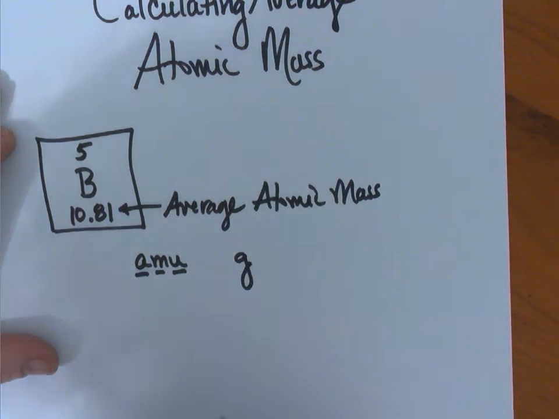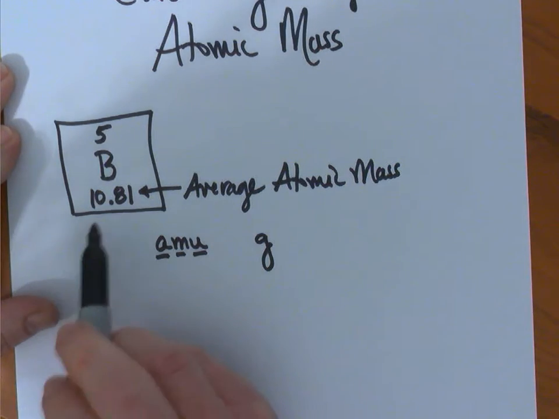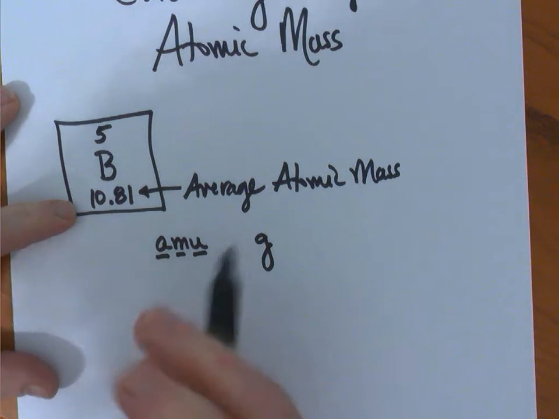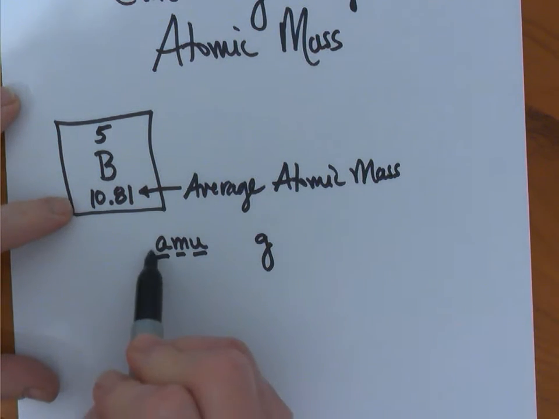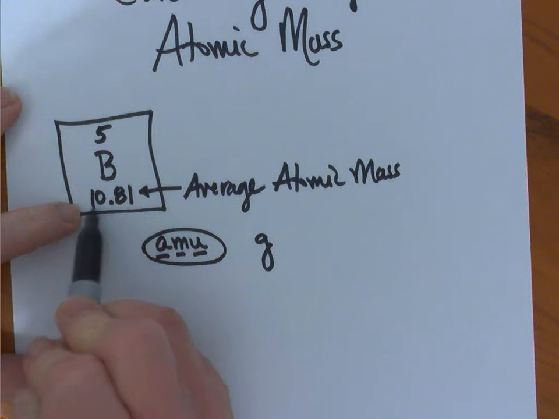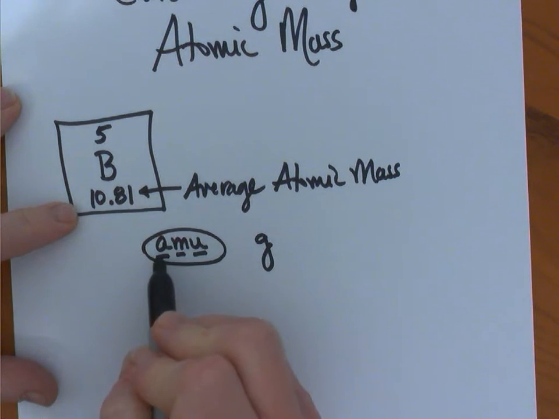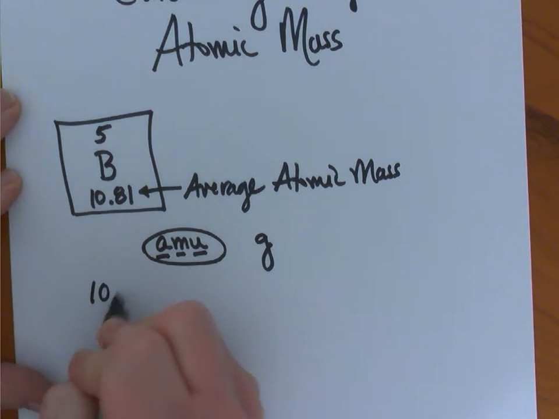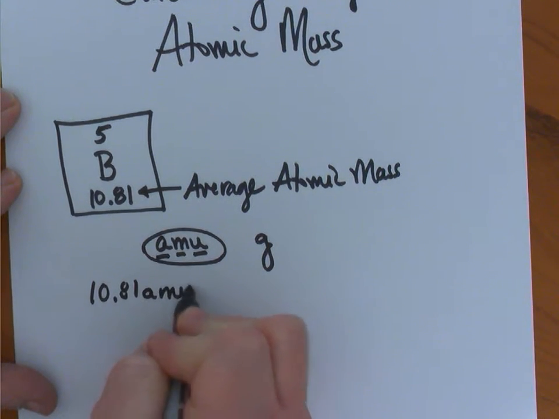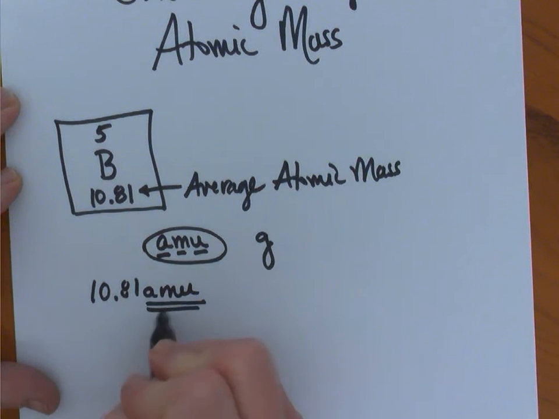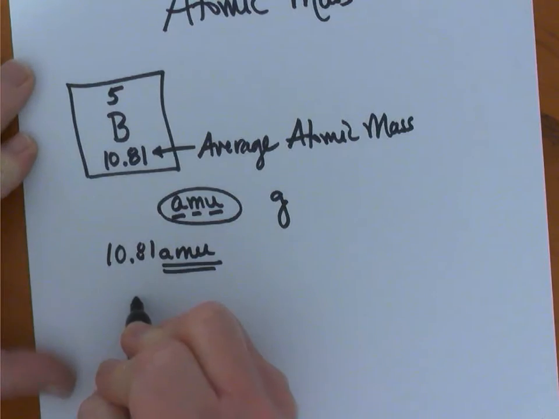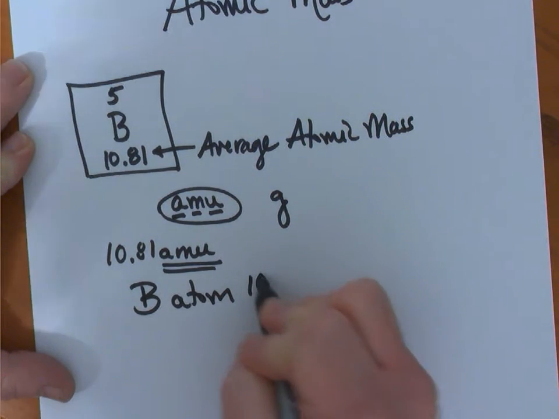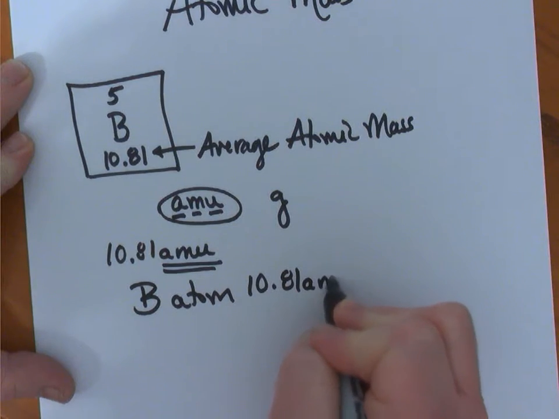Well, the way that we've come up with average atomic masses, they've been mass assigned, and if the value that we see in the element boxes has an AMU attached to it, that means it is referring to an individual atom. So we would say the average boron atom is 10.81 AMUs.